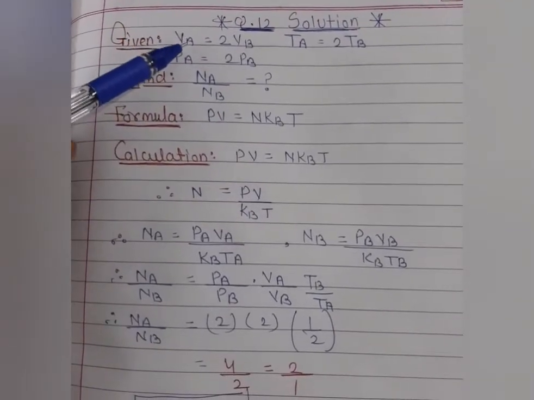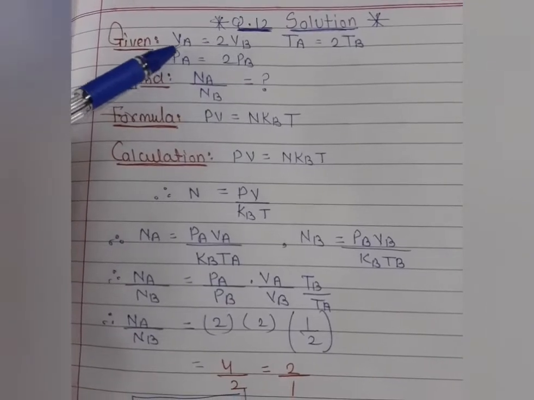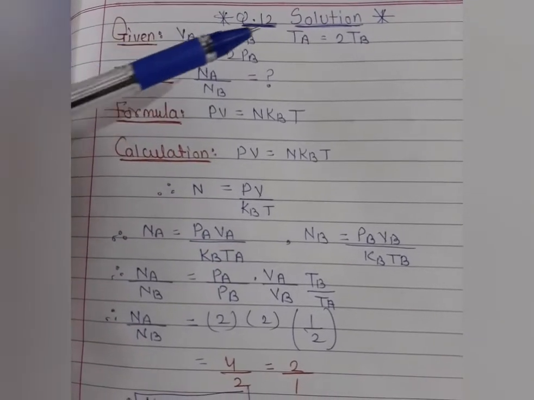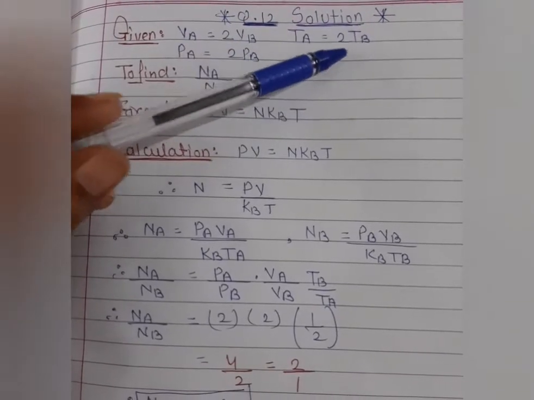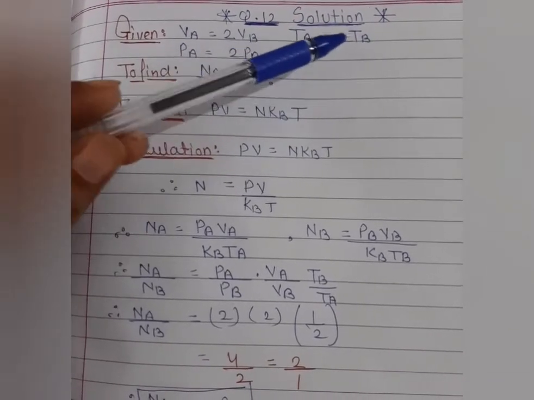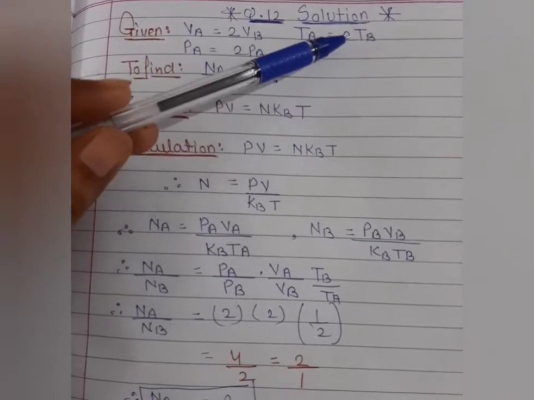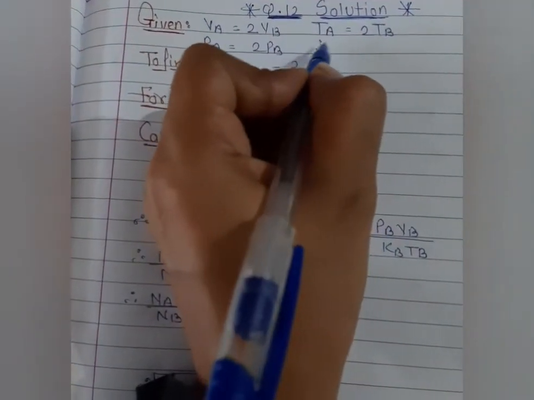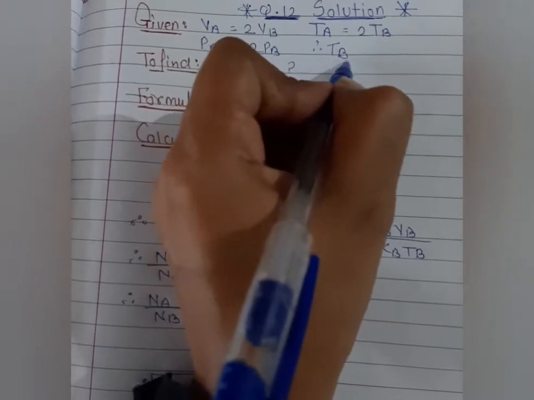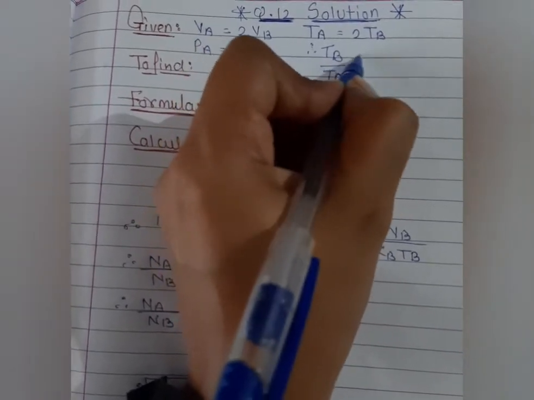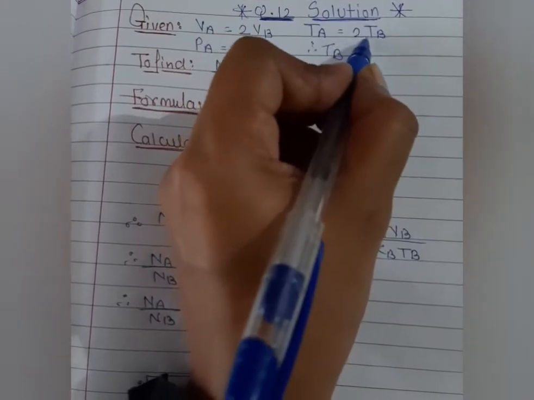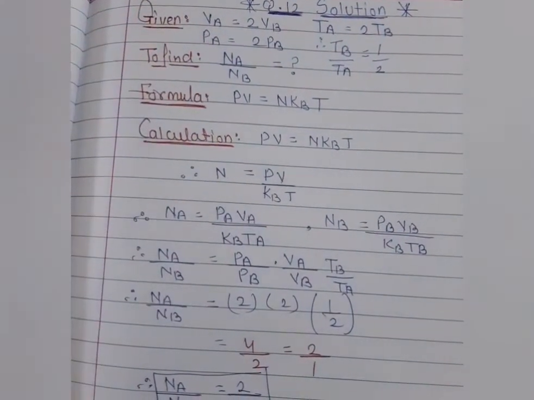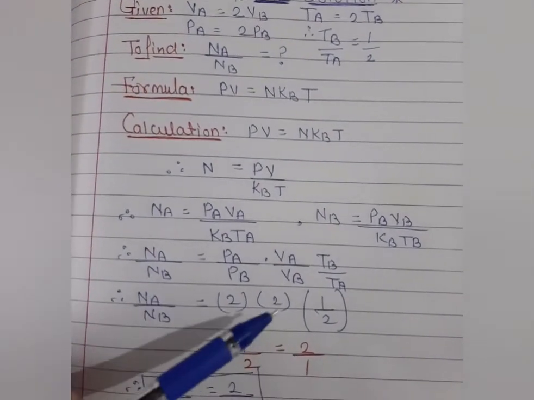Va upon Vb, with Va as it is and Vb in the denominator, so the answer is 2. And Tb upon Ta: here I am taking Tb as it is, so this is 1 by 2. After rearranging the terms, Tb upon Ta is 1 by 2.